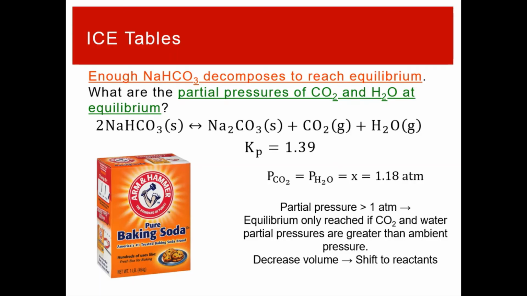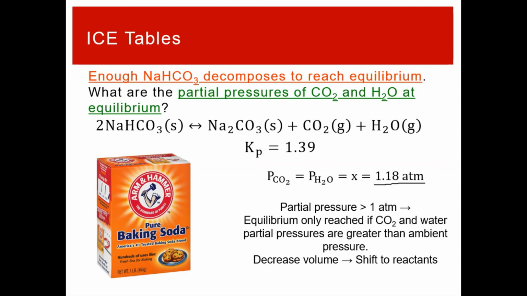So NaHCO3 is baking soda. And so what this says is that spontaneously, baking soda does just decompose into sodium carbonate, CO2, and H2O. And these pressures that we get, 1.18 atmospheres, may seem kind of small.